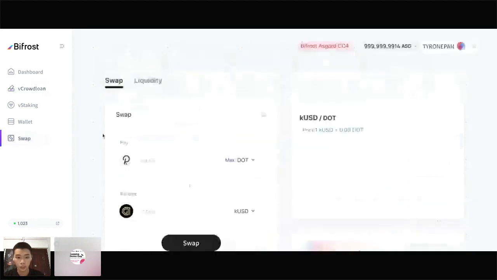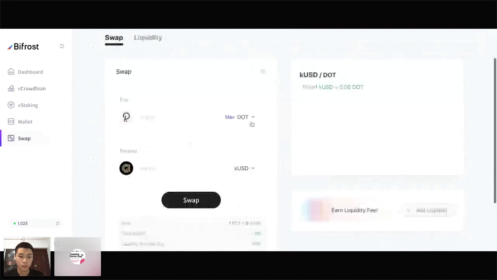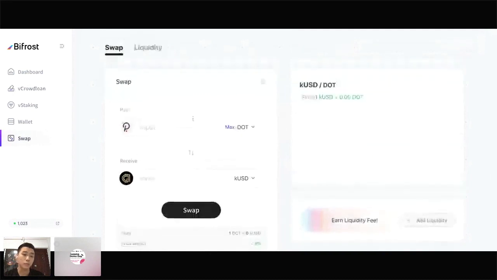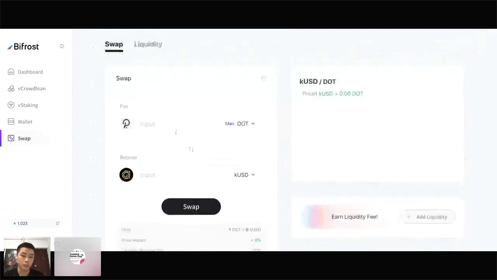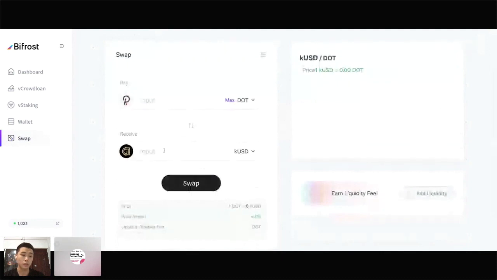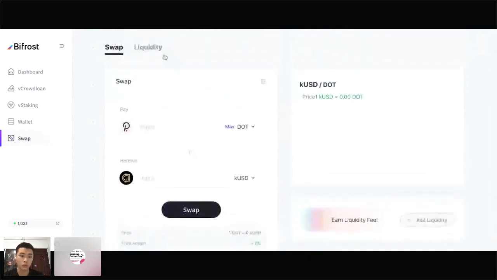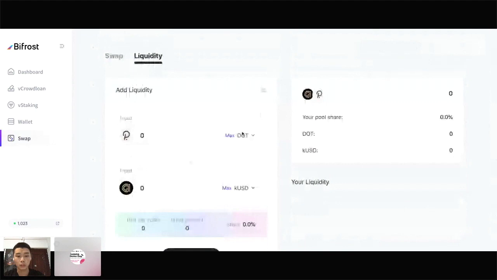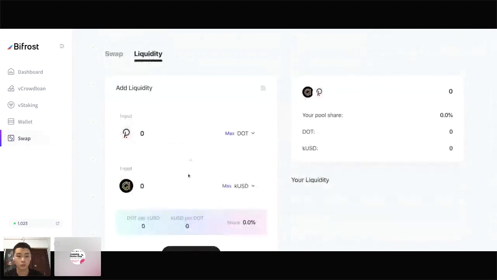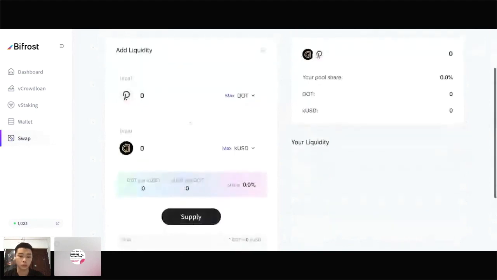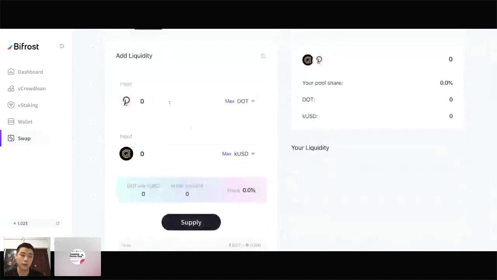During the auction, I can swap my VS Kusama to receive maybe QSD for liquidity, or I can join the liquidity mining to put in my VS Kusama and VS Bond, and get the reward from the parachain side.